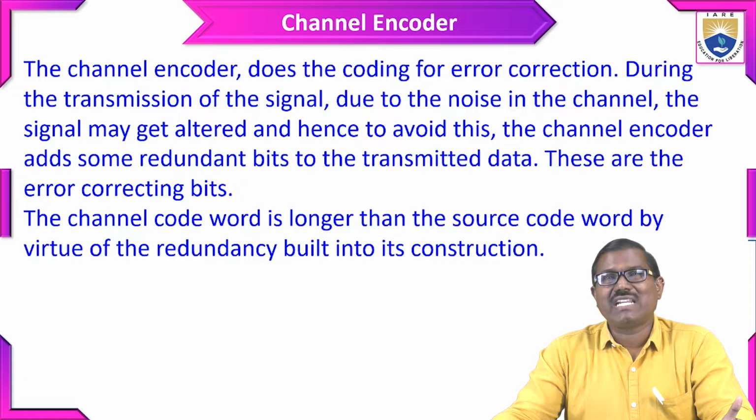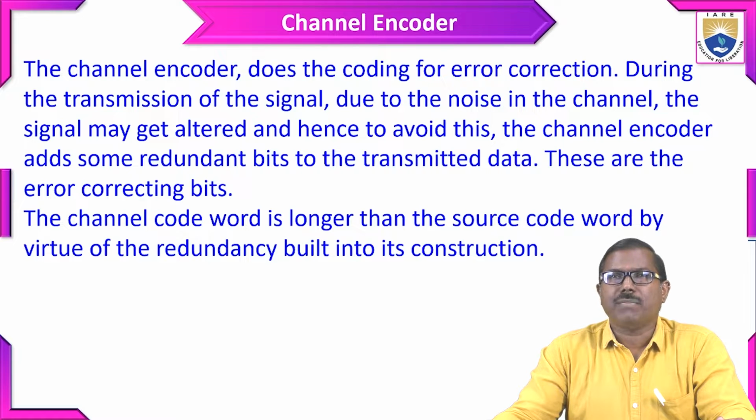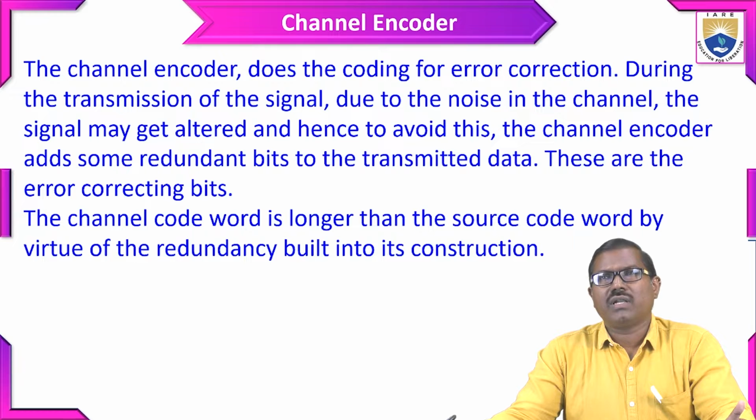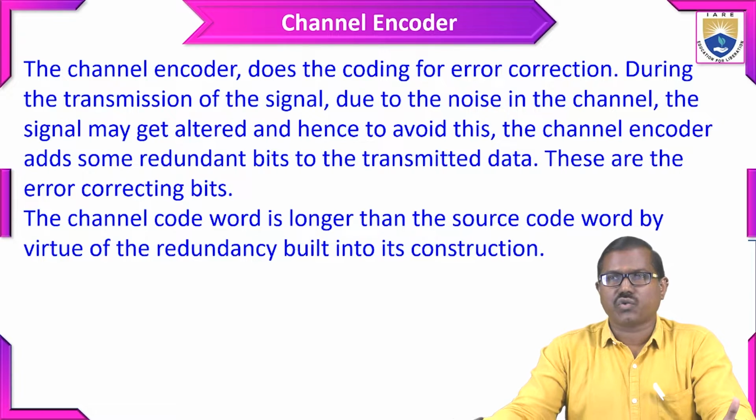So the channel code word is longer than the source code word by virtue of the redundancy built into its construction. The first one removes redundancy, and the second encoder adds it. That's why the channel code word is longer than the source code word.